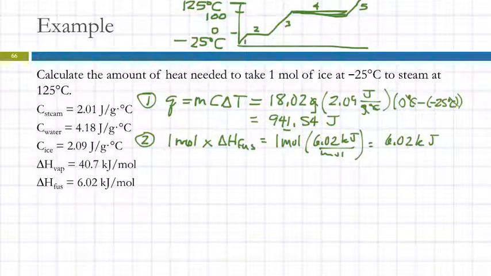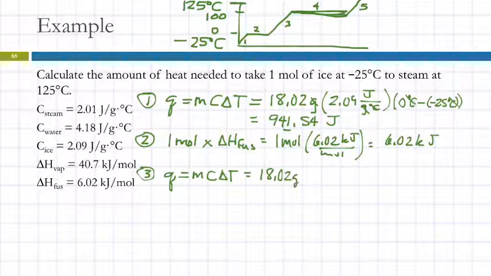For line 3, we have temperature changing again. So here we've got Q equals mc delta T. Well, it's the same 1 mole of water, which weighs 18.02 grams. But now it's a liquid, so I want to use the specific heat capacity of water, which is different. 4.18 joules per gram degree Celsius.